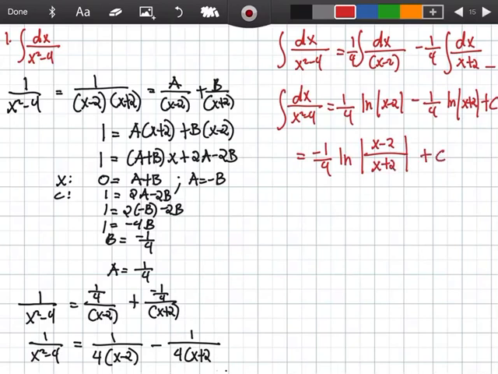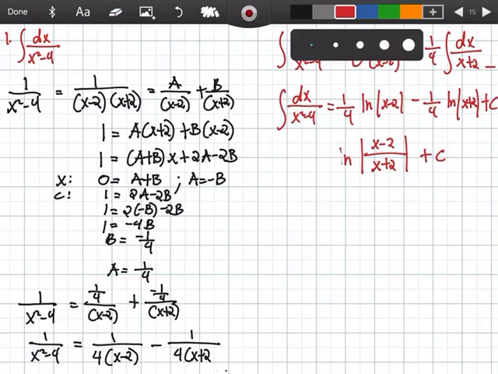Plus c. And here, the negative 1/4 becomes 1/4 ln.